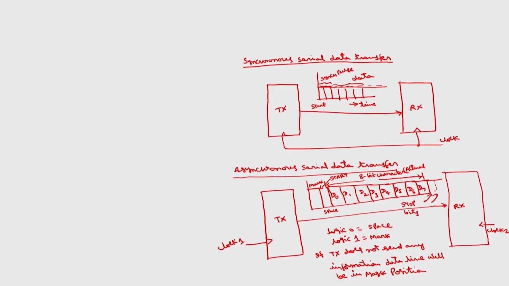I will explain this in detail by transmitting some of the characters. The data format, the type of data that will be sent through the serial link, is ASCII. One of the commonly used data formats is ASCII, American Standard Code for Information Interchange, which I have already explained. This is a 7 bit code, but we will represent it with 8 bits.